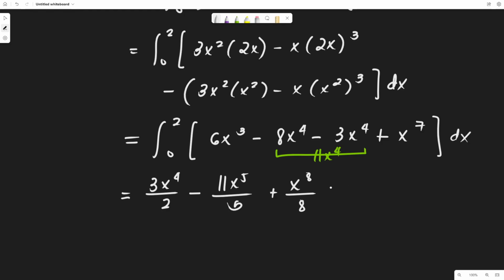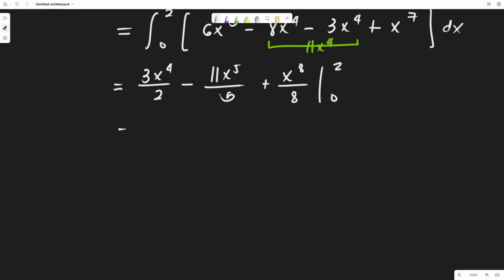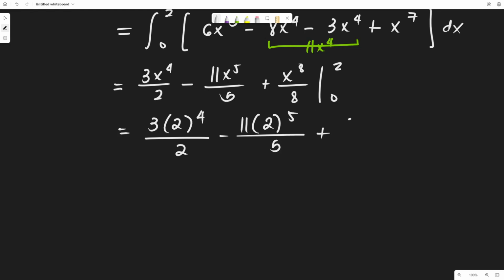So, we have from 0 to 2. Tapos, pwede na natin i-substitute. Diba? So, we have 3 times 2 to the 4th over 2 minus 11 times 2 raised to 5 over 5. Then plus 2 times 2 raised to 8 over 8. Minus 0, no? So, yun yung sa lower boundary natin.